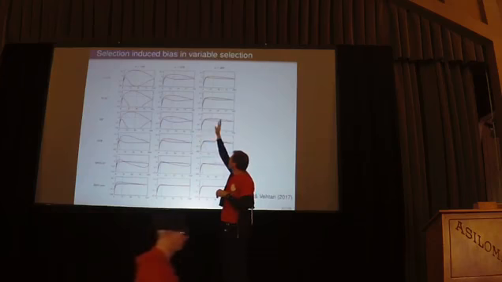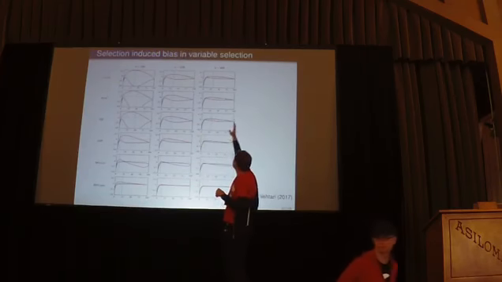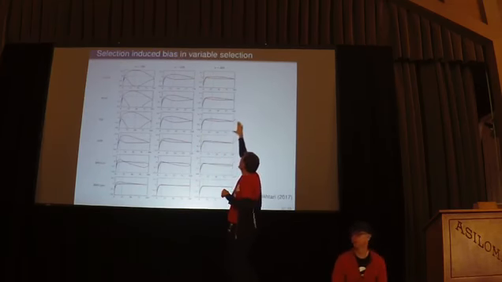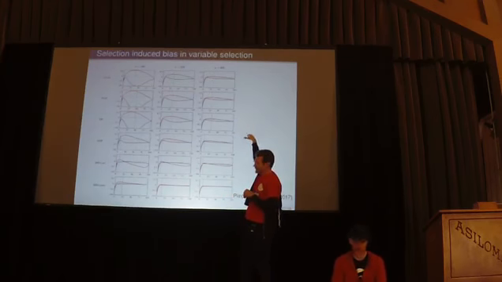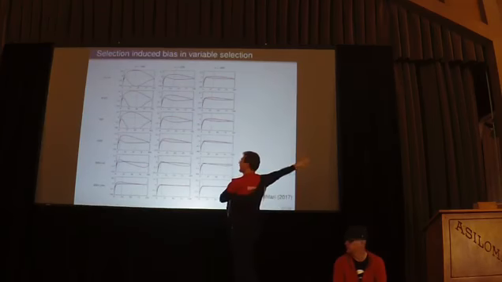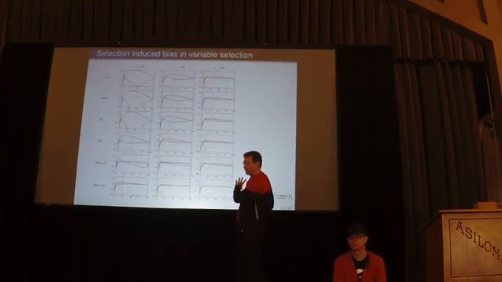Then the second column has 200 observations, and the fourth column 400 observations. You can see now that the red line is how good the cross-validation thinks the model is, and the black line was the true performance. They are getting closer.